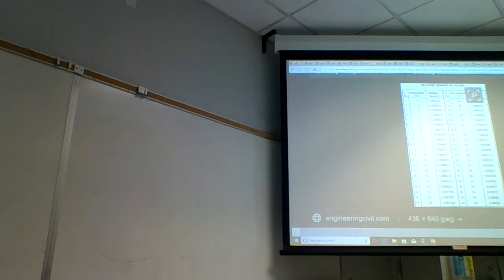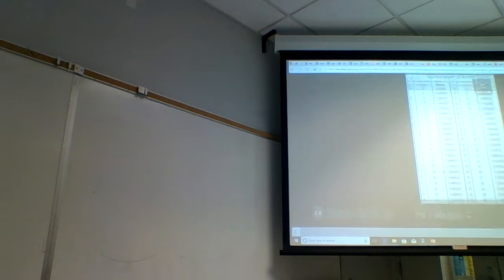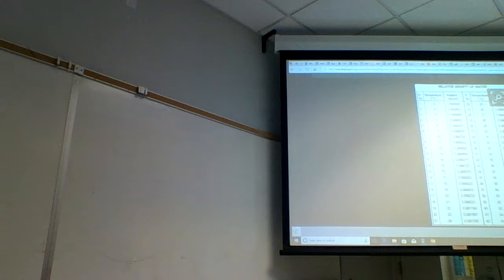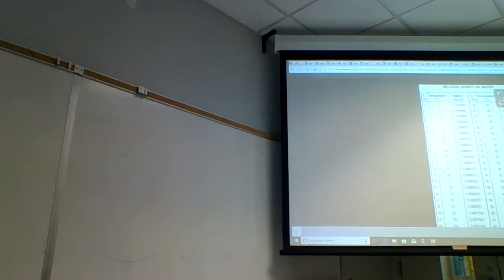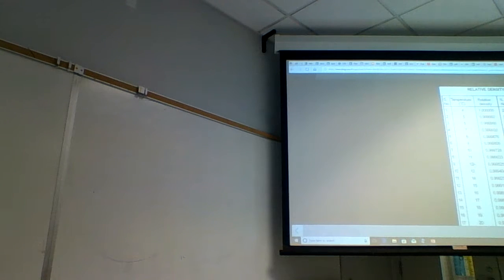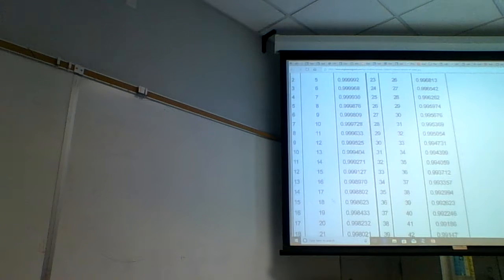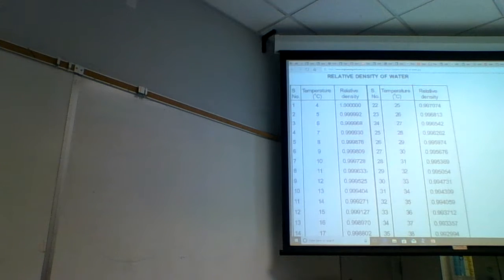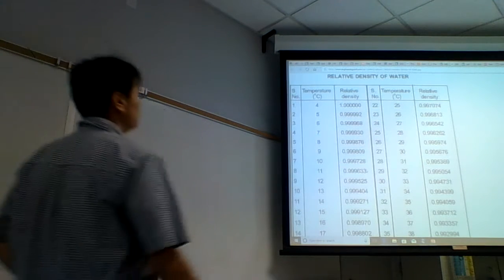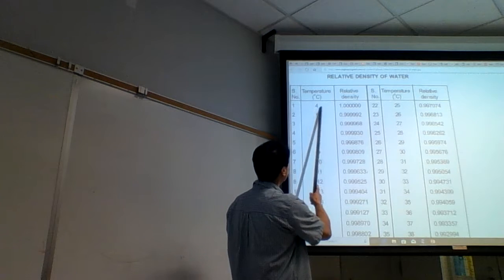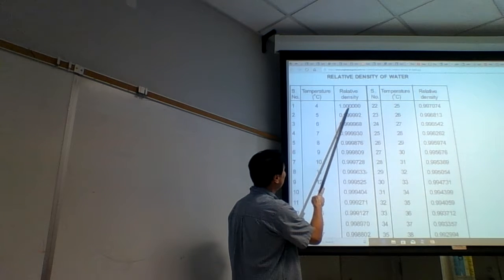Okay, so if we look at the density of water at various temperatures, this is just showing the temperature and its density. So at 4 degrees C, the density is 1.